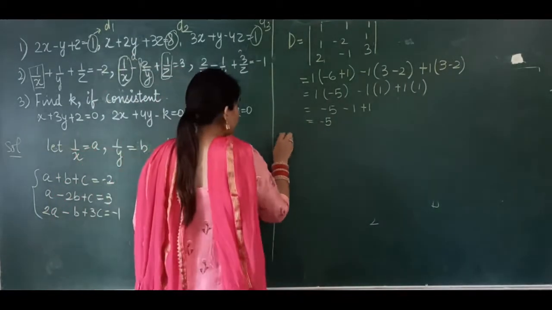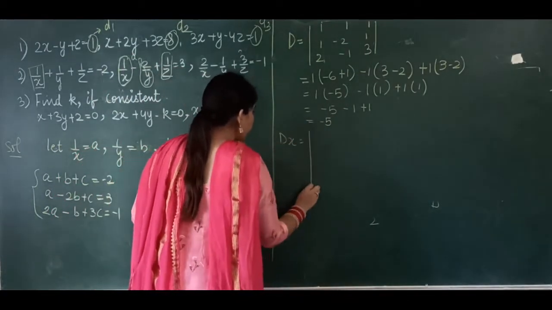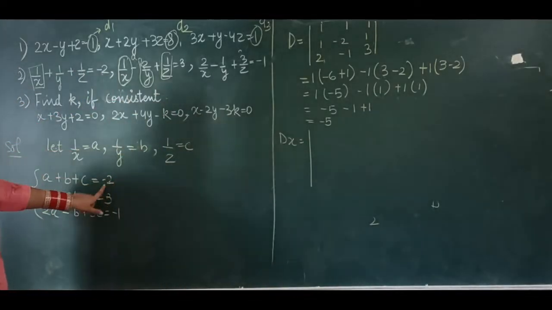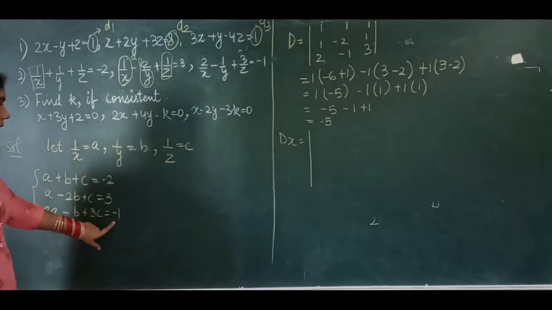Let's see what will be the value of dx. So dx will be, instead of the coefficients of x, I will write d1, d2 and d3.